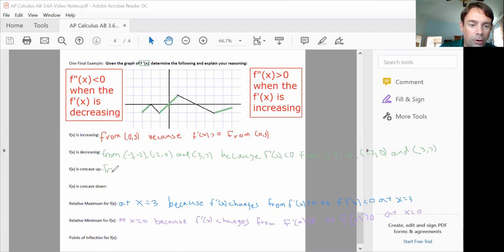I could say when the second derivative is greater than 0 there, but this is more dealing with when they're increasing. So I'm going to leave it at increase. So -3 to -2. I have -1 to 1. And 5 to 7.